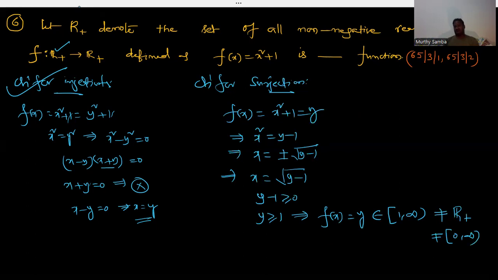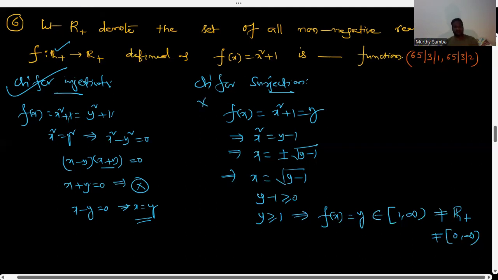Then see, all the elements will be mapped except the elements from 0 to 1. Of course, 1 can be mapped. The elements from closed 0 to open 1 will not be mapped. So therefore, here range is not equal to codomain. Therefore, it is not a surjective function. As it is an injective function, but not a surjective function.